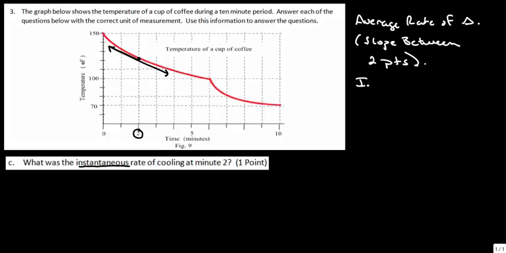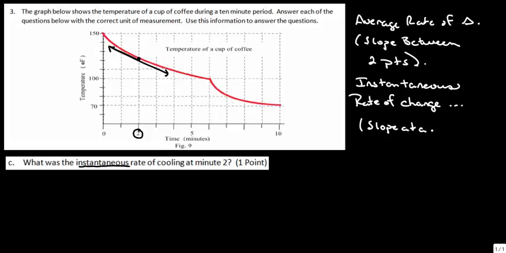An instantaneous rate of change is the slope at 1 point. And when we think about the slope at a single point, we're thinking about the tangent line.